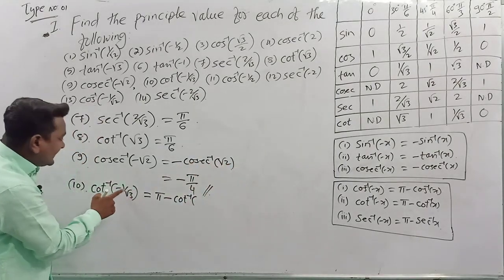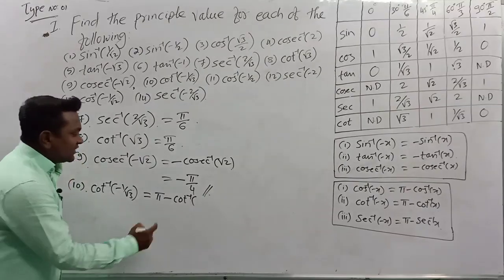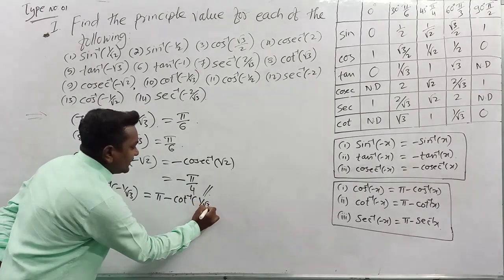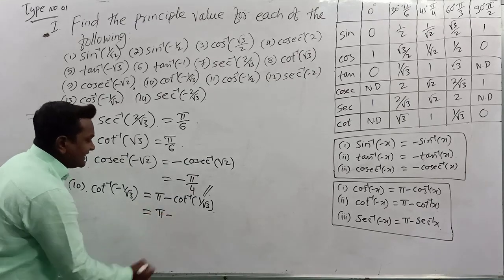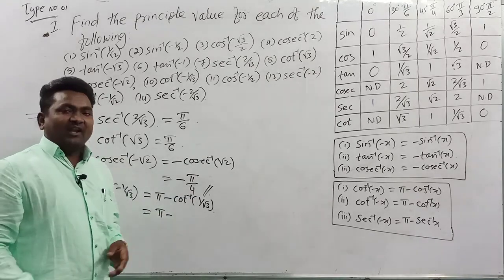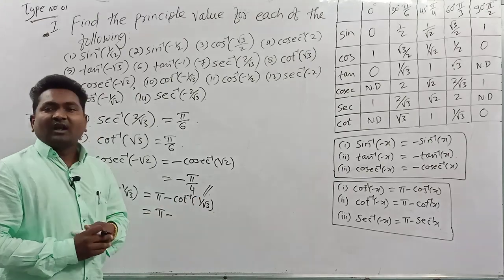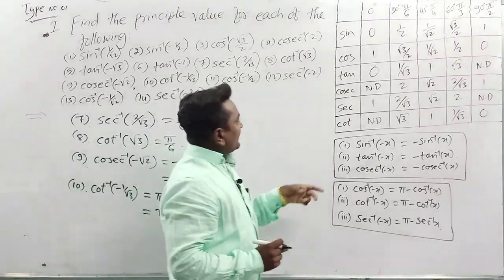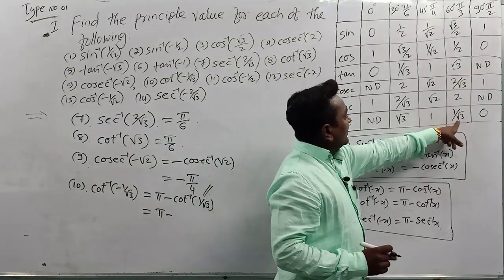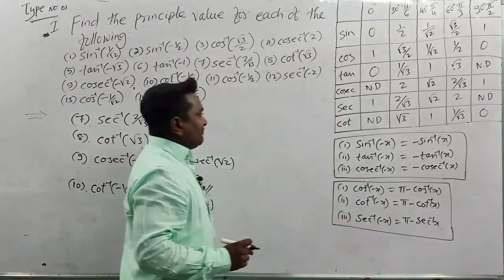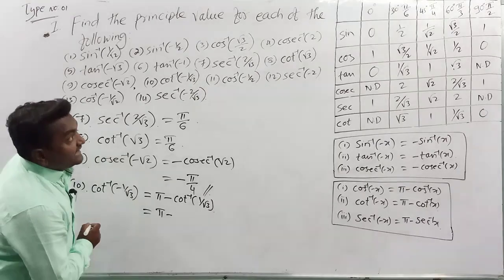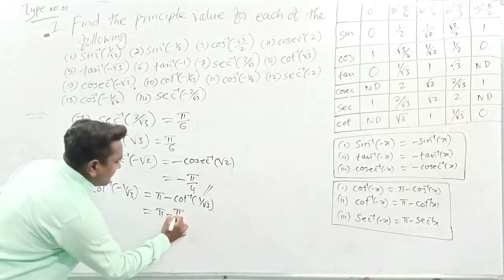In place of x here 1 by root 3 is there, means pi minus cot inverse 1 by root 3. Further simplify, pi keep as it is, and replace the value for cot inverse 1 by root 3. 1 by root 3 value is 60 degree. 60 degree means pi by 3.